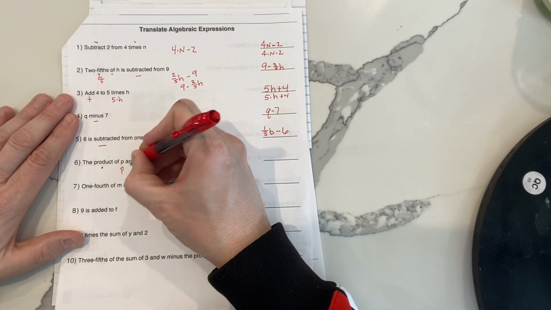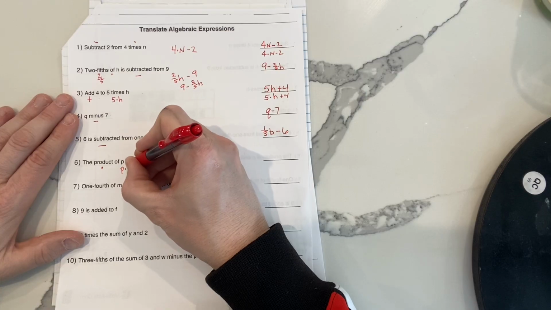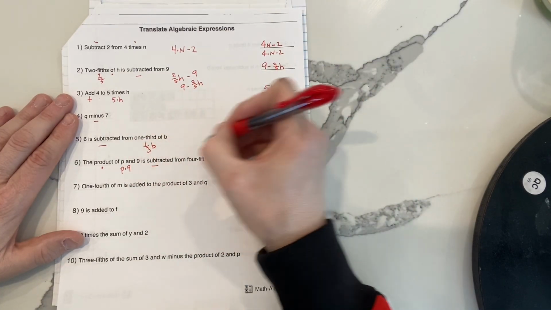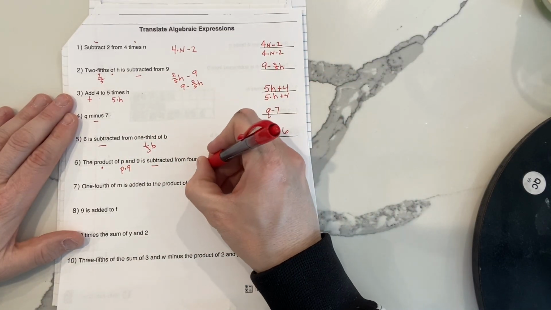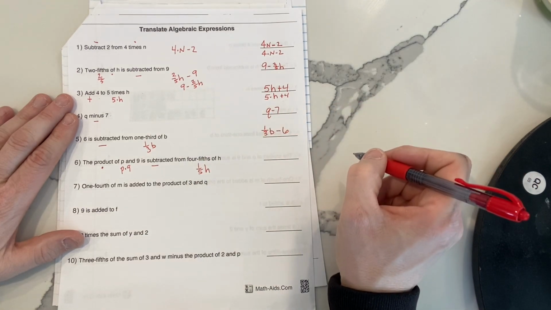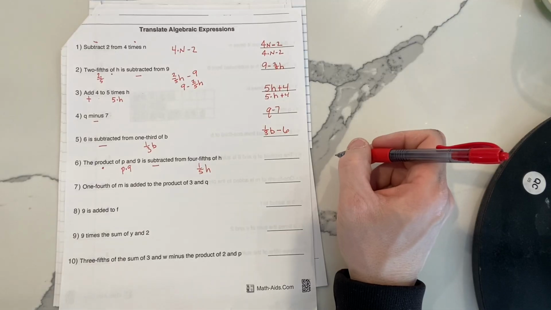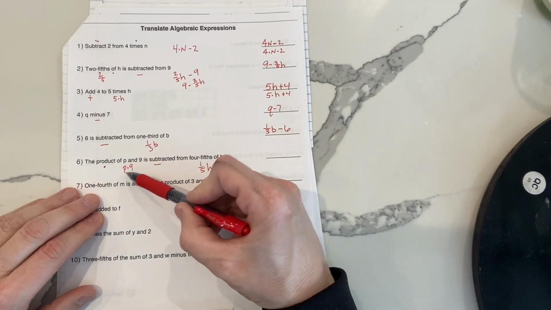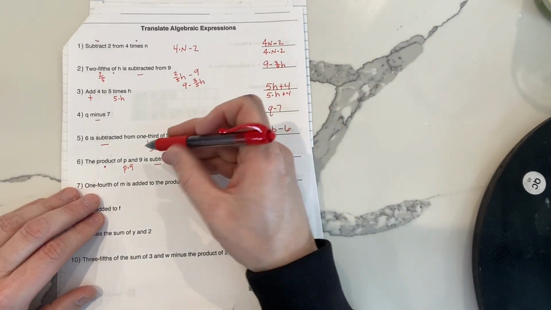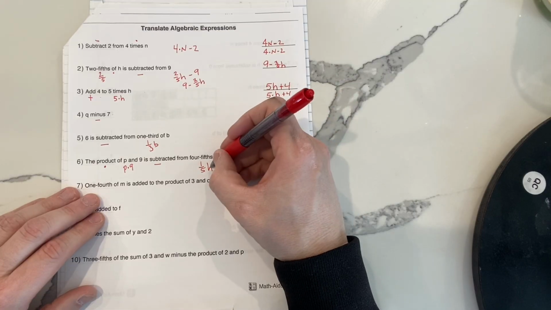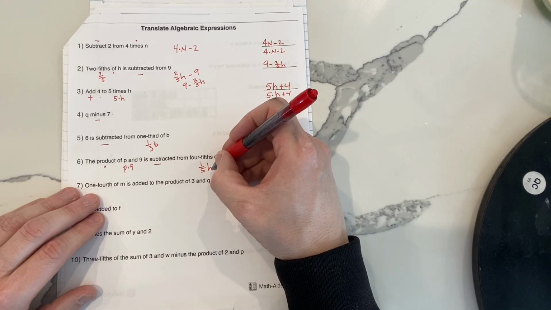The product means multiply. Whatever p and 9 are, is subtracted from 1/5 h. Okay, so the product of p and 9, so p times 9, is subtracted from 1/5 h.